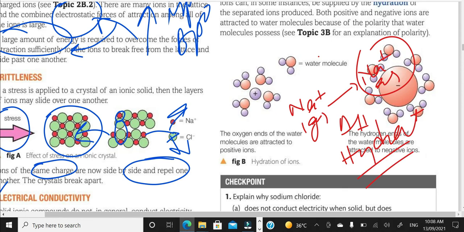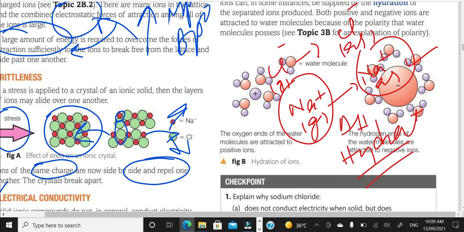So whenever the word hydration comes, it means that the gaseous ion has become an aqueous ion. That can be a negative ion as well, gaseous to aqueous. This is called hydration. Is there any question?